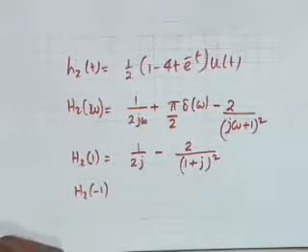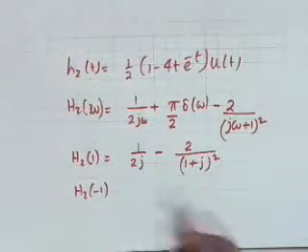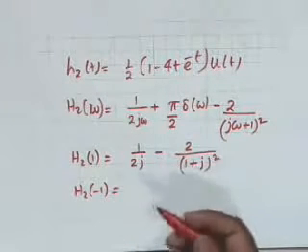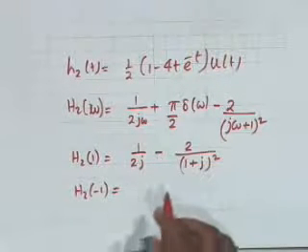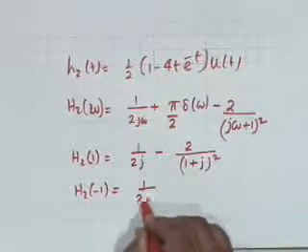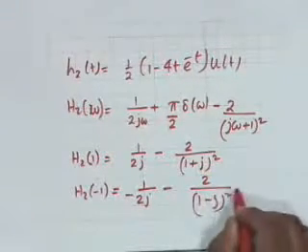This also can be simplified, make the denominator a real quantity. Well, it may not be needed. Either way, it doesn't afford much of a simplification, but nevertheless it is prudent to do this. This would be 1 over 2j minus 2 divided by 1 minus j whole square.